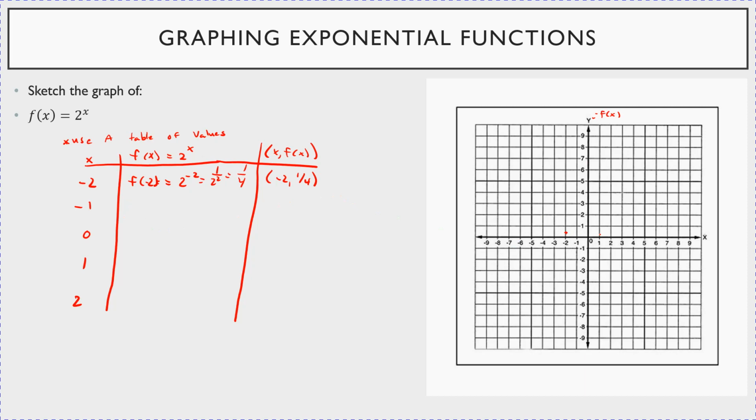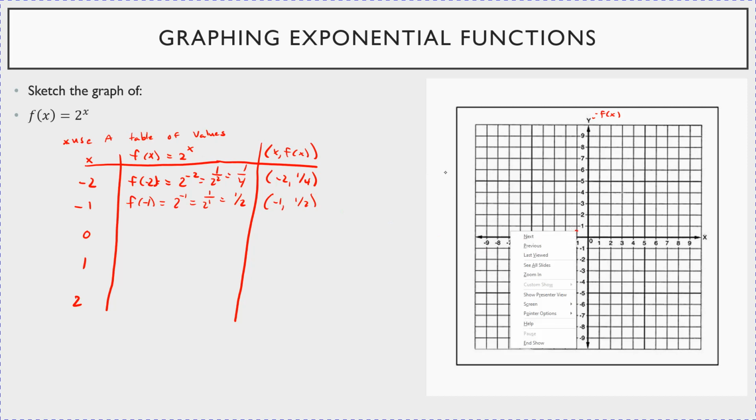Now, again, this is not perfect, okay? This is f of -1. So this is 2 to the -1, which is 1 over 2 to the first power, which is 1/2, right? So we have -1, 1/2. So -1, and here's 1/2. F of 0, well, what is anything raised to the 0 power?